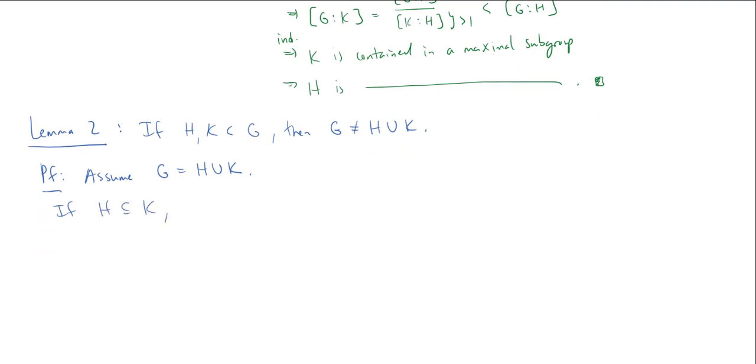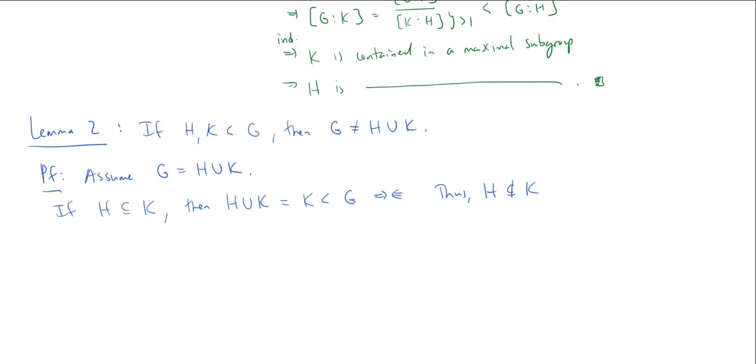If H is a subset of K, then the union of H and K, well, H isn't adding anything new, so the union is just K again, which is a proper subgroup of G, and this contradicts the assumption that G is equal to the union of H and K. All right, so we can conclude H is not a subset at all of K.